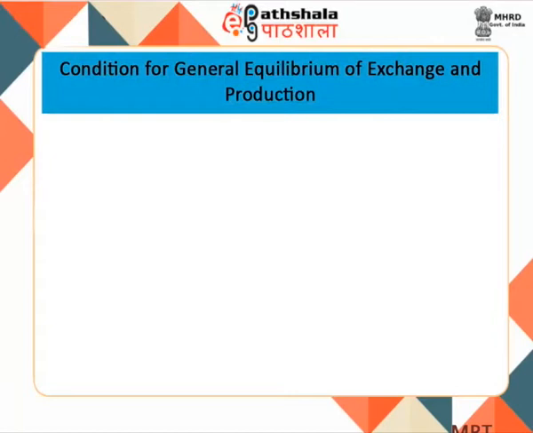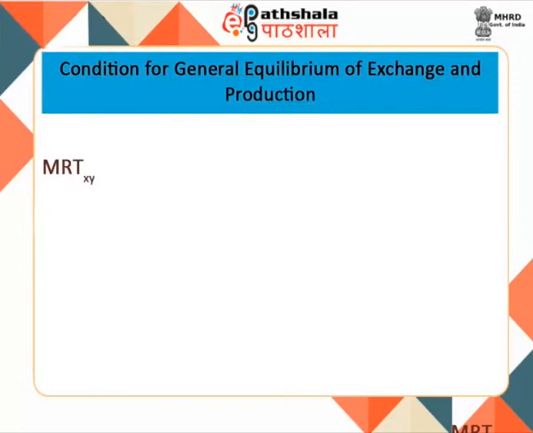Condition for general equilibrium of exchange and production. We can reach general equilibrium by simply equating the rates of substitution between X and Y on both production and consumption sides.